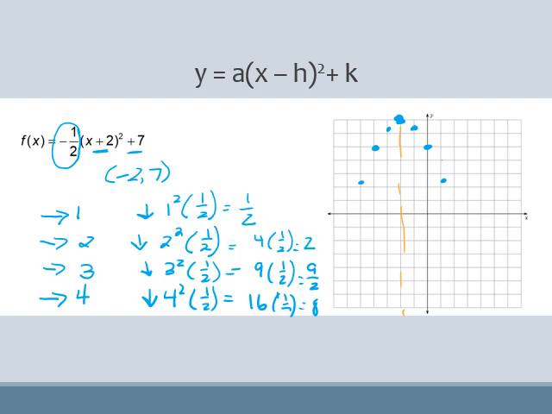So if I go over 4, I'm going to go down from the vertex 8. So I'm going to go here and here.